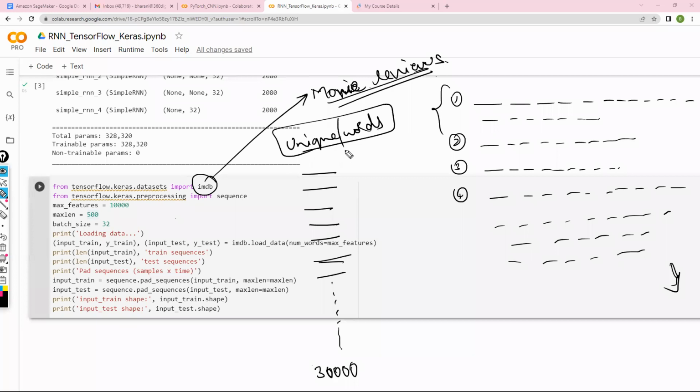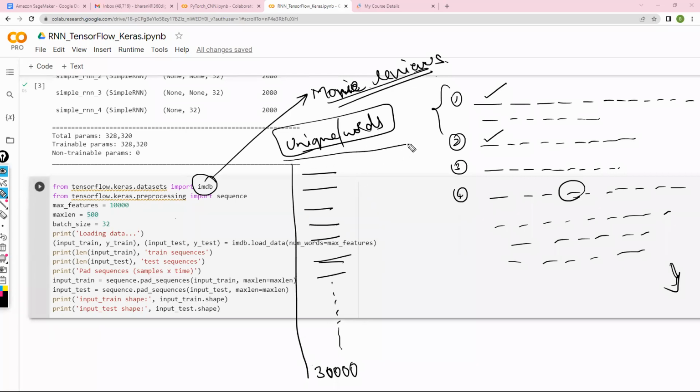And then you count how many times each word appears. Each of these 30,000 words, how many times did it appear? Maybe you use the word beautiful here, here, and here also, so beautiful appeared 3 times. In that way, count how many times each word appears.